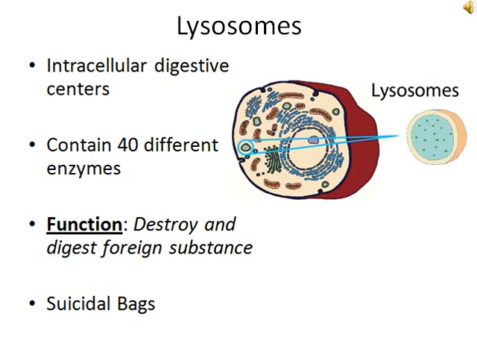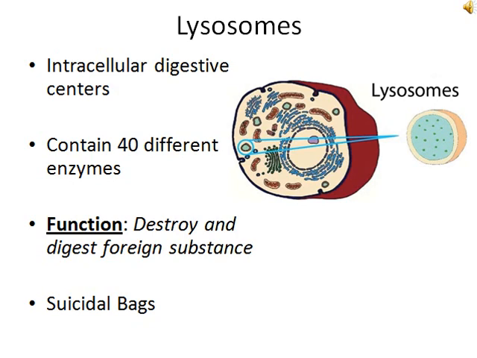If any cell or any part of the cell is damaged, then the lysosome digests or destroys the damaged parts. Because of this reason, lysosomes are called the suicide bags of the cell. Next organelle is the centrosome. It is found only in animal cells.